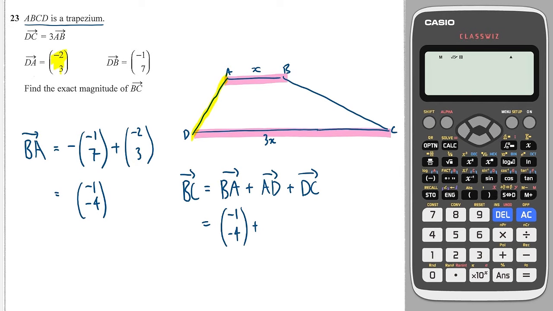A to D is the negative of D to A, so that will be 2, minus 3. And then D to C is 3 times A to B, which is 3 times the negative of B to A. So it's 3 times 1, 4.